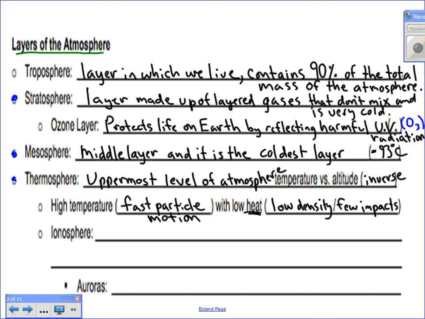So the ionosphere is located in the upper mesosphere and lower thermosphere.